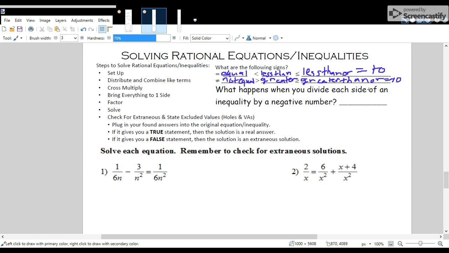So when you divide each side of an inequality by a negative number, the inequality sign flips.